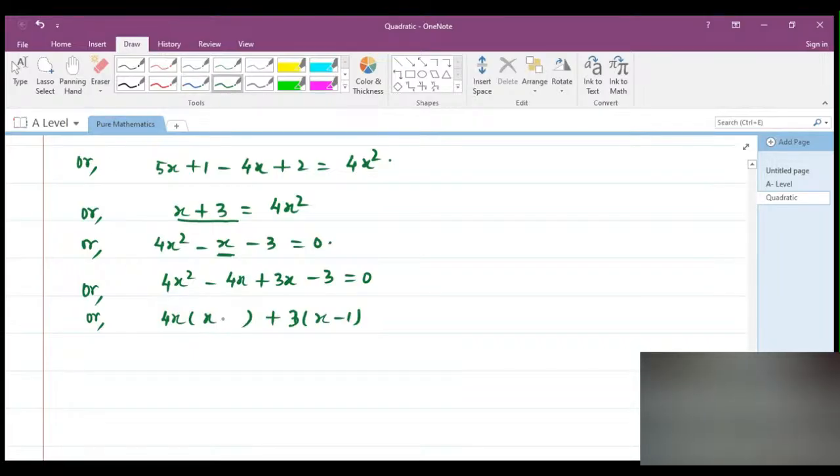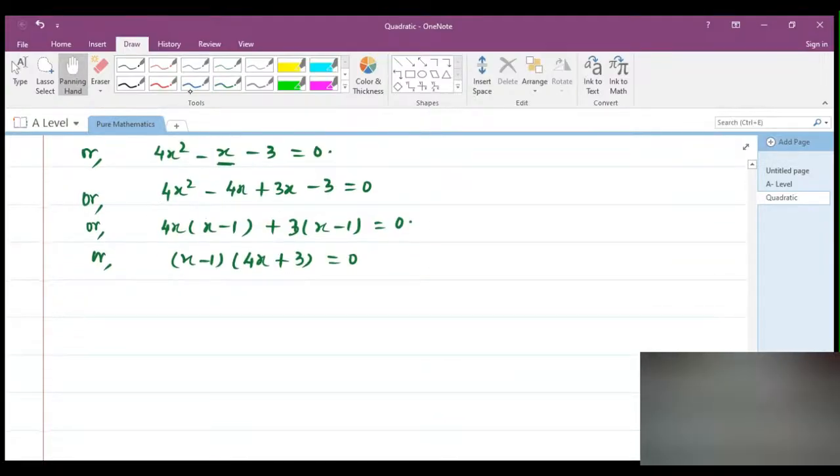So we write down here x minus 1. We take 4x common, so we get here x minus 1. If we take 3 as the common, then we get 3 into x minus 1 equal to 0. Now we take x minus 1 common, then we get (x minus 1) into (4x plus 3) equal to 0. So the final step will be x equal to 1, and x equal to minus 3 by 4.